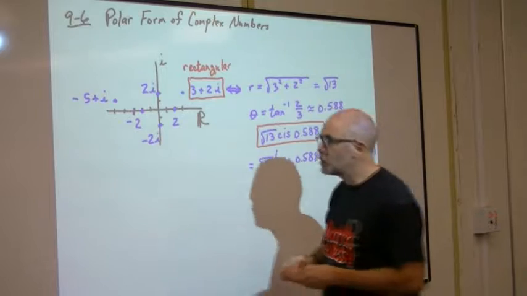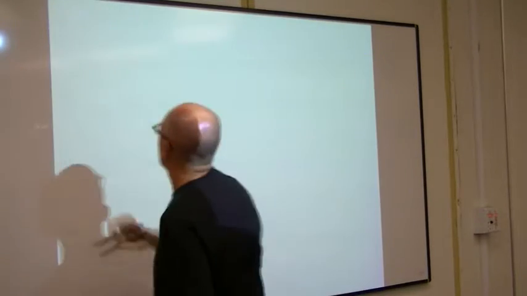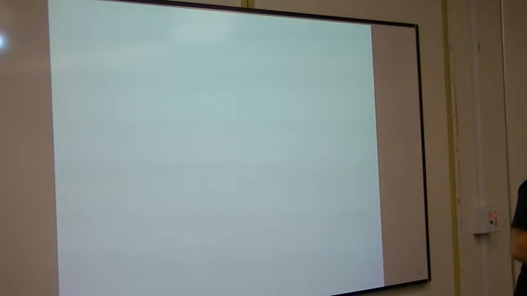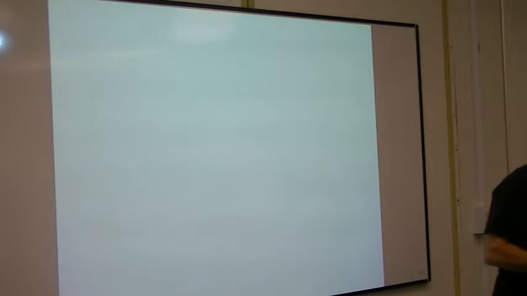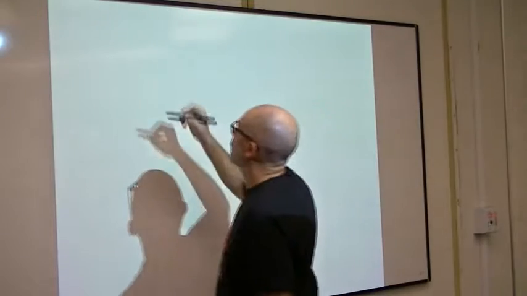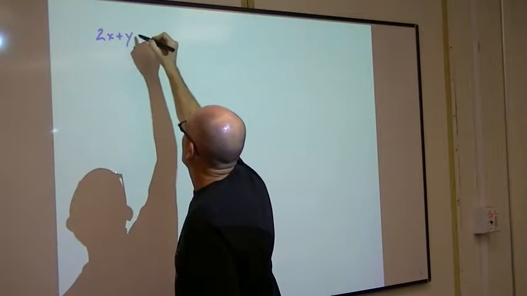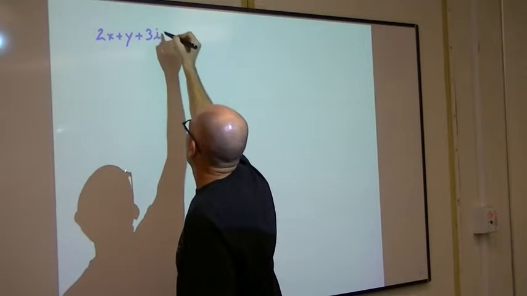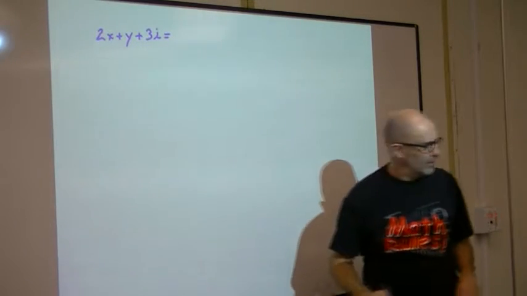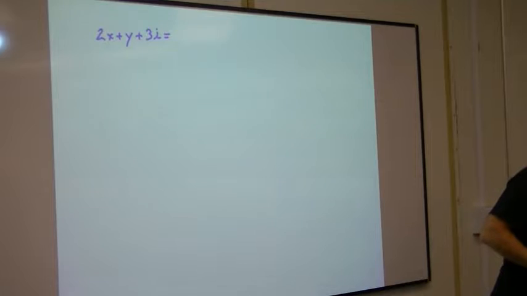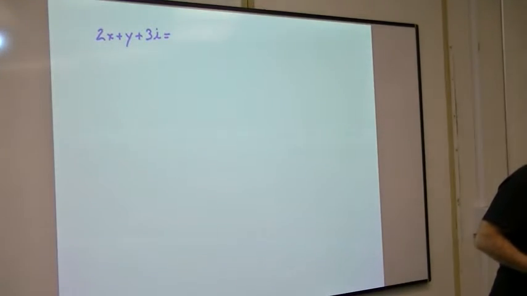So let's check out an example of that. Okay, so 2x plus y plus 3i equals 9 plus xi minus yi.